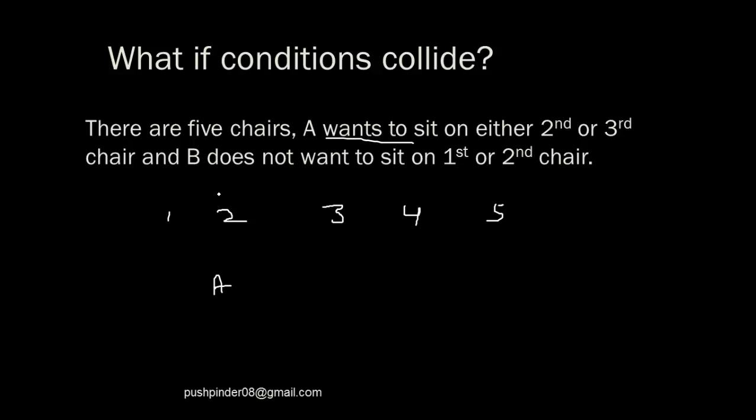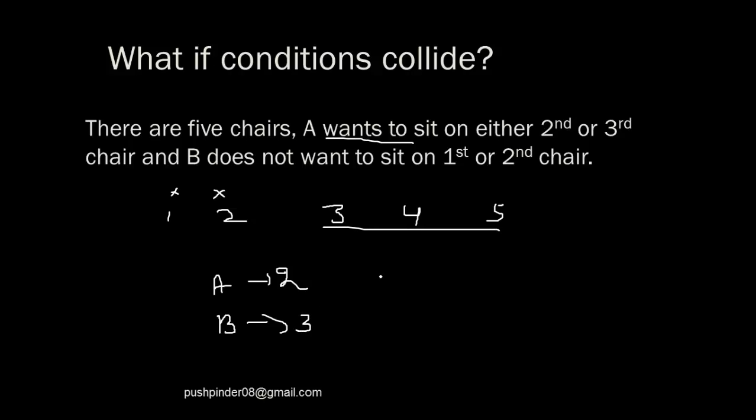Let's suppose girl A in one scenario sits on the second chair, right? Now if girl A sits on the second chair, how many choices does B have? B does not want to sit on first or second. A is already sitting on the second chair, so B has 3 choices left.